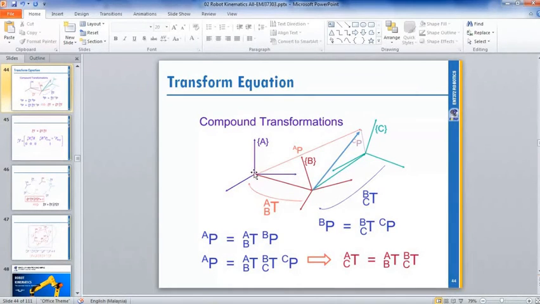And then you also have translation. From A to B, you have translation. If you only rotate at the same point, you don't have translation. But now you have translation, so you need to multiply with the translation metric. And this one also has a translation metric. T is translation. P is position.